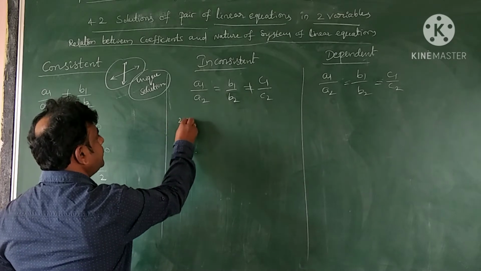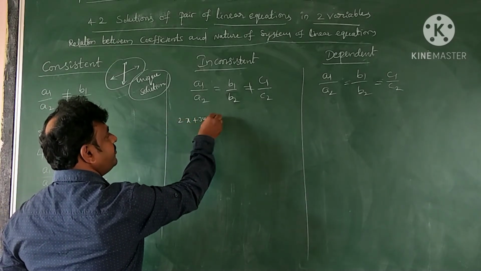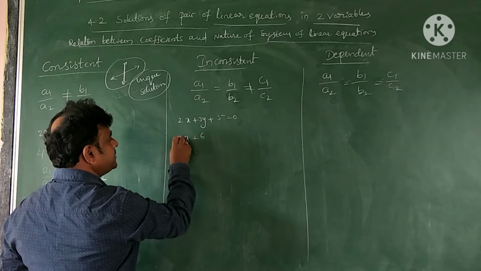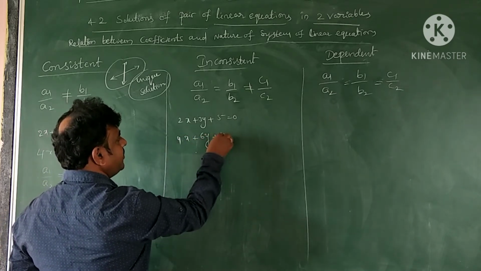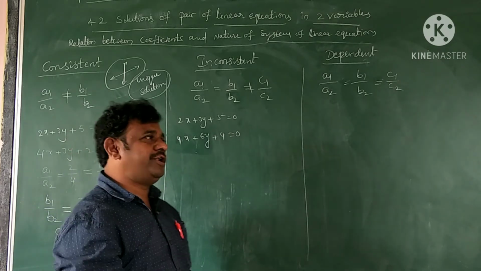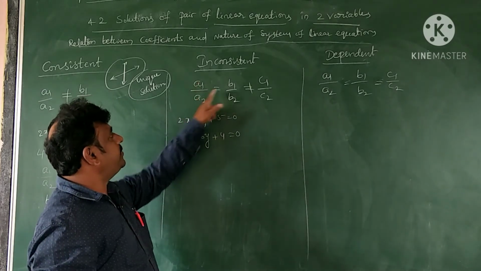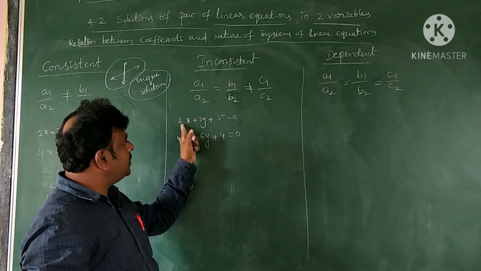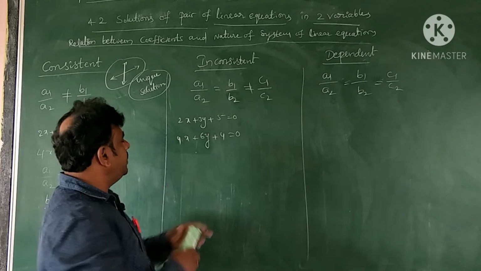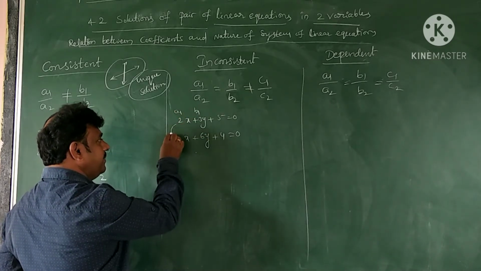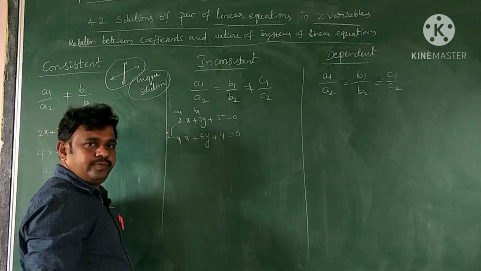Coming here, 2x plus 3y plus 5 equal to 0 and 4x plus 6y plus 4 equal to 0. Observe students, I use a small trick. a1 by a2 is equal to b1 by b2. Here a1 is 2 and b1 is 3. So I multiply by 2.